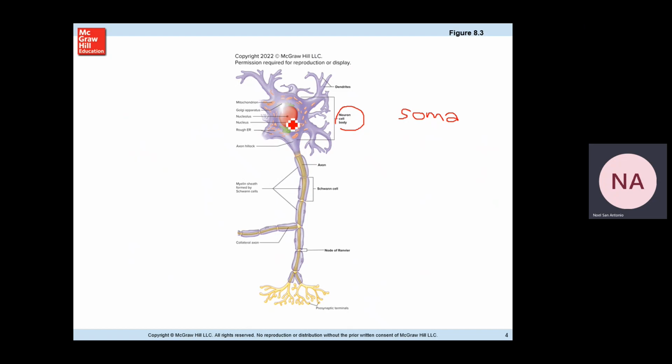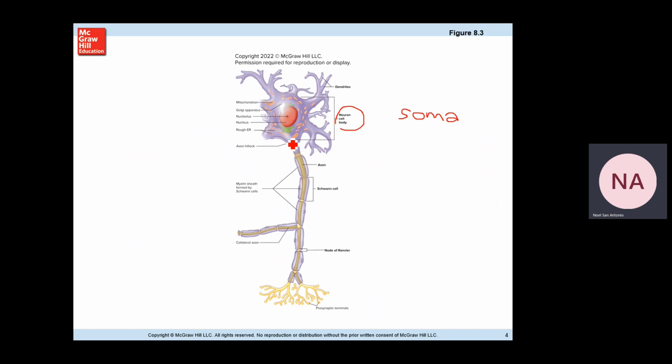But unlike a eukaryotic cell that you have learned during the prelim, itong neuron is different because it has many projections from the cell body. As you can see, ang dami niyang projections from the cell body.